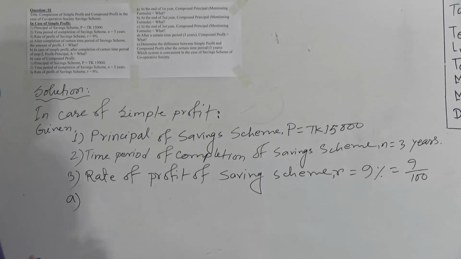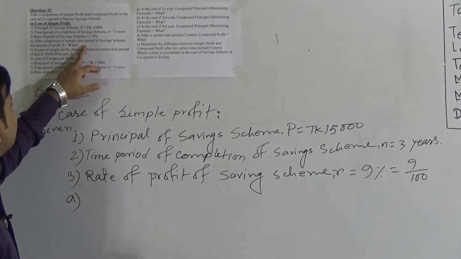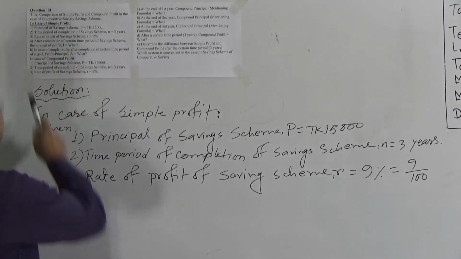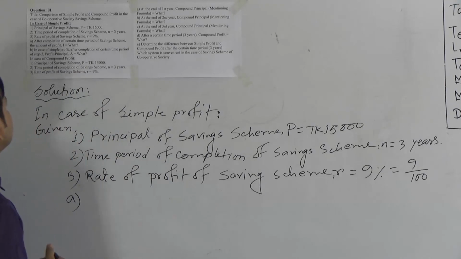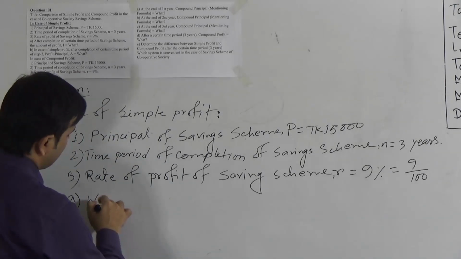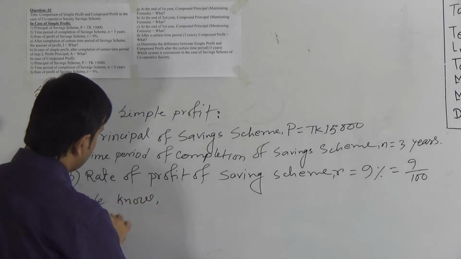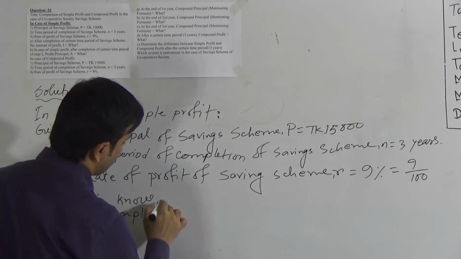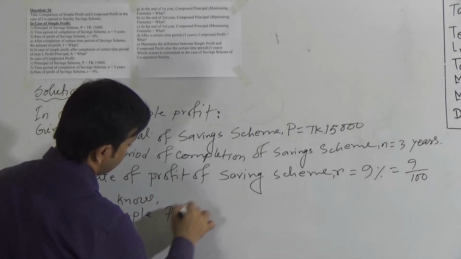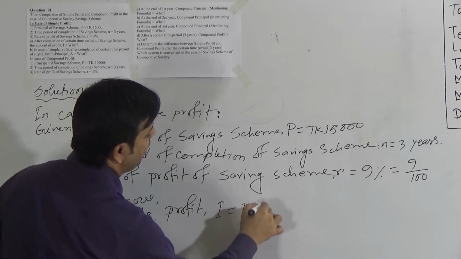What is the first question? After completion of certain time period of savings scheme, the amount of profit I equal to what? It means that we can write, we know simple profit I equal to PRN.